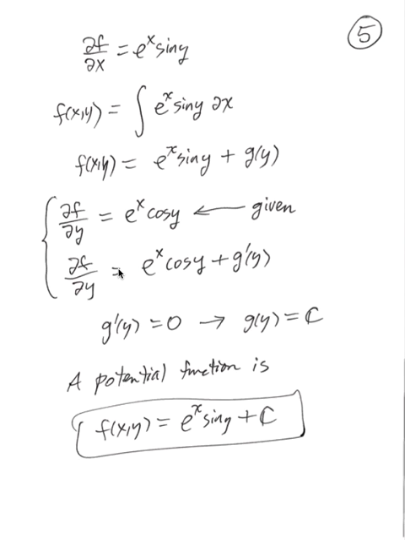Anyways. So the derivative of little f with respect to x is supposed to be e to the x sine of y, like I've just circled right there. So what I'm going to do is integrate e to the x sine y with respect to x. Now, not everybody likes that notation there, but I'm just emphasizing that I'm doing a partial integration.